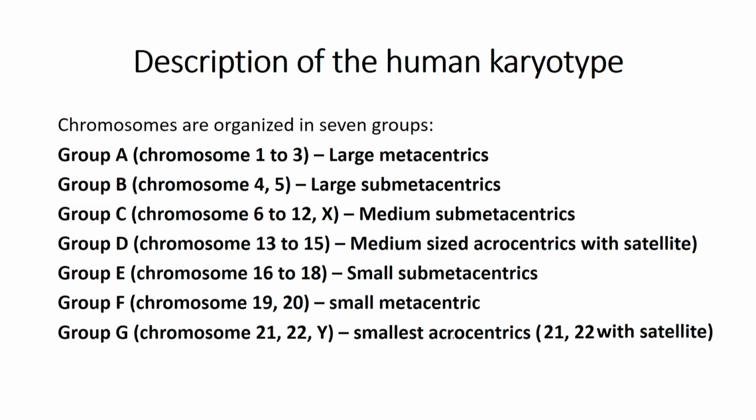Group D, chromosomes 13 to 15, medium-sized acrocentrics with satellite. Group E, 16 to 18, small metacentrics. Group F, chromosomes 19 and 20, small metacentric. For group E, I said small metacentric, this is small submetacentric. And group G, chromosomes 21, 22 and Y, these are the smallest acrocentrics with satellite.